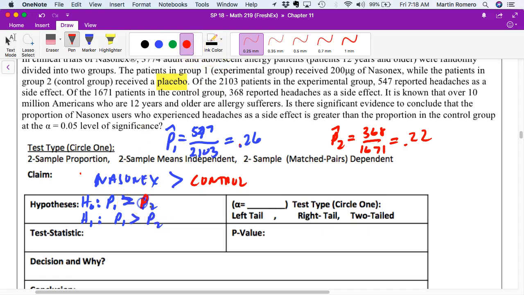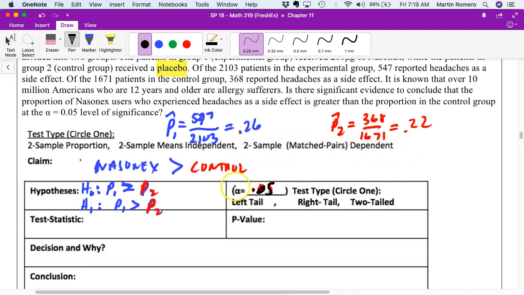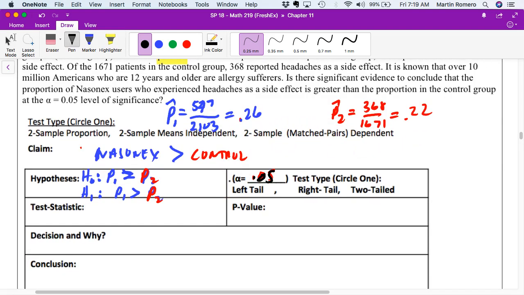We're testing at alpha equals 0.05. Our current evidence suggests that P1 is greater, but is that statistically significant? So we're going to run our hypothesis test on this.